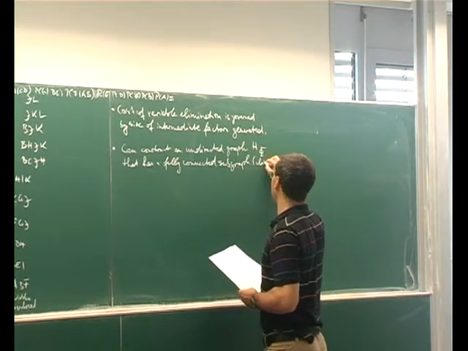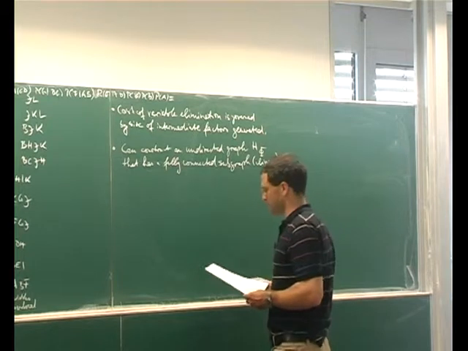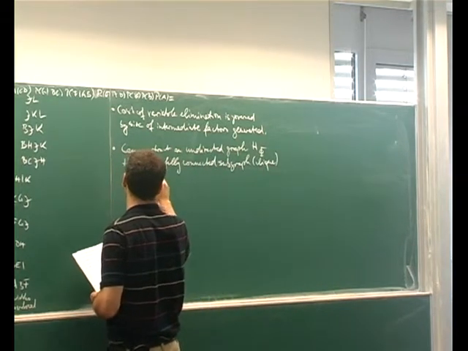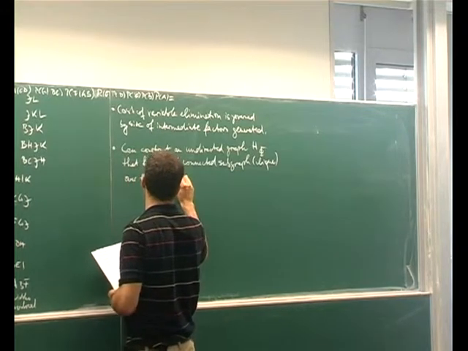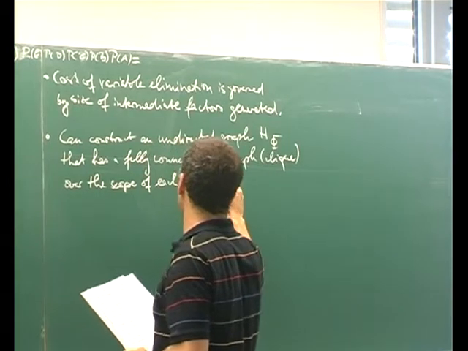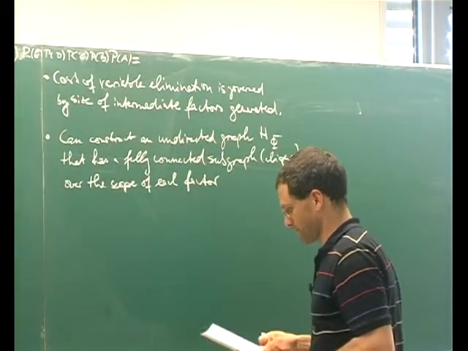And such fully connected subgraphs are also called cliques. Over the scope of each factor.